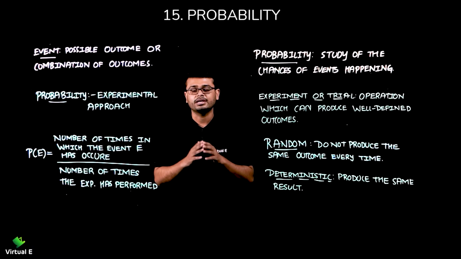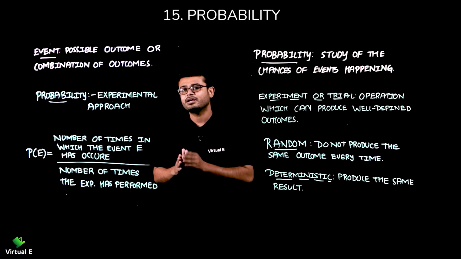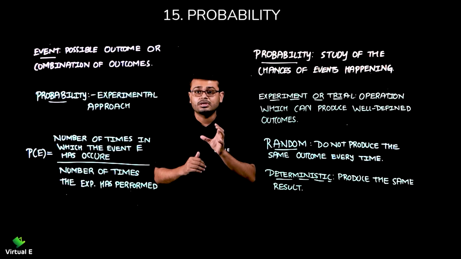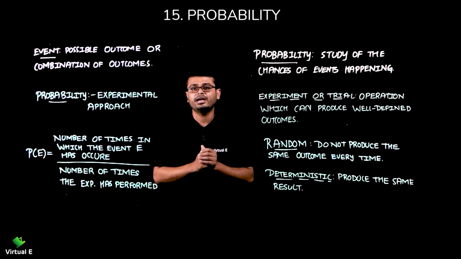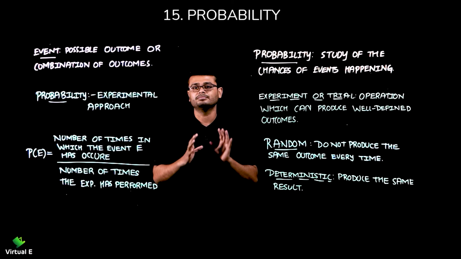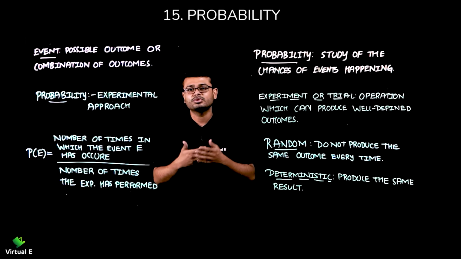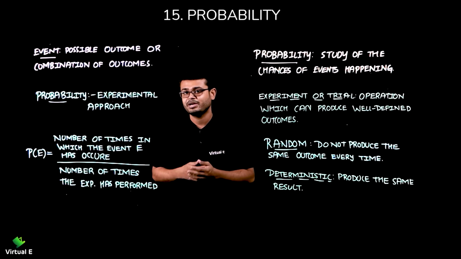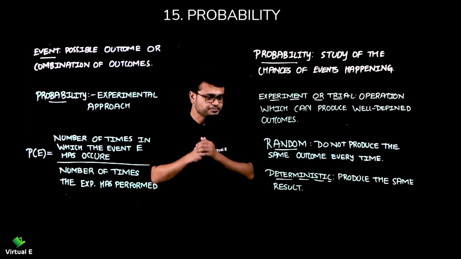We don't doubt it, and it is clear that either head will come or tail will come and nothing else. The outcomes are well defined. We already know beforehand something of this will only come. We are sure of it. Nothing like at the end of the experiment we come to know that there is something new that we did not expect. That's not about the probability. We have already well defined outcomes.